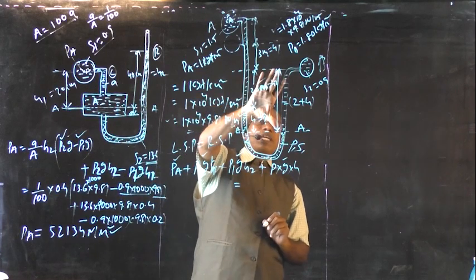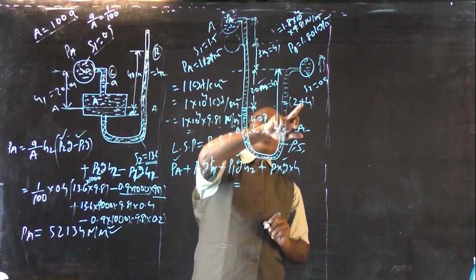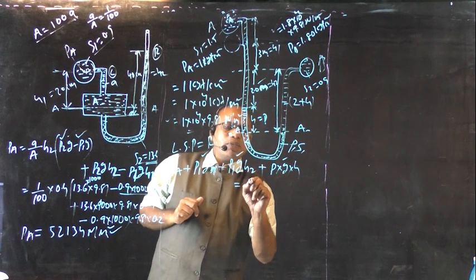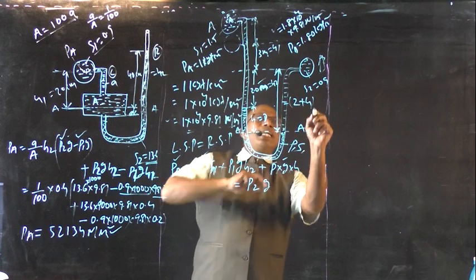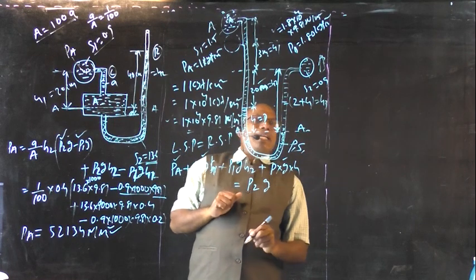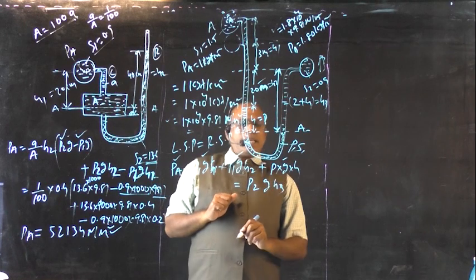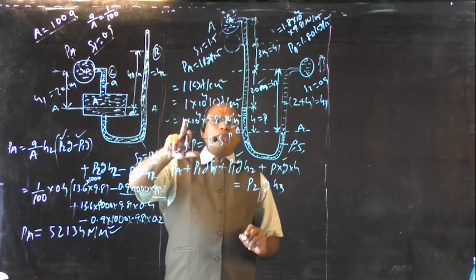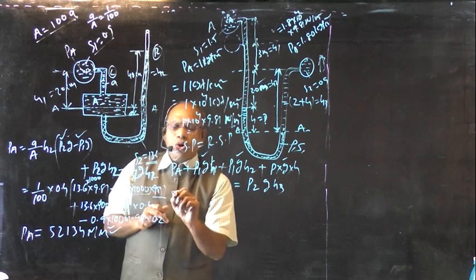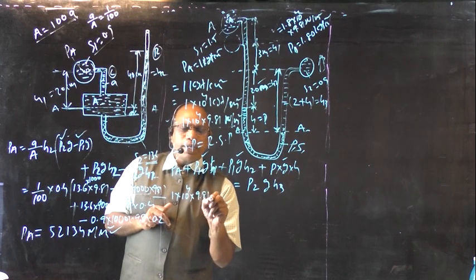We have only one liquid column here in the right limb above the datum AA, that is equal to 2 plus H, that is equal to rho 2 G. This is nothing but H3. Rho 2 G H3. Right? Now PA, already we know the value of PA, that is equal to 1 into 10 power 4 into 9.81.